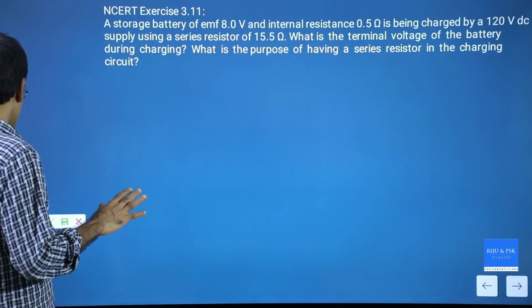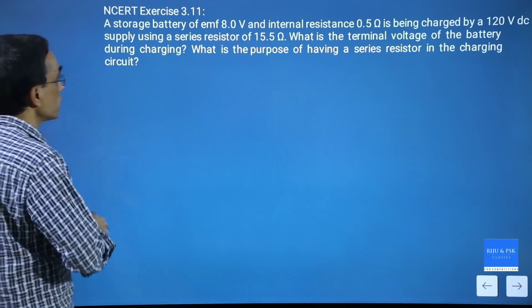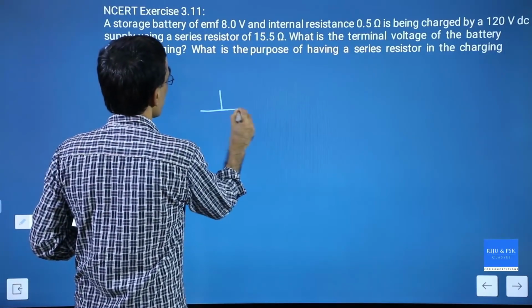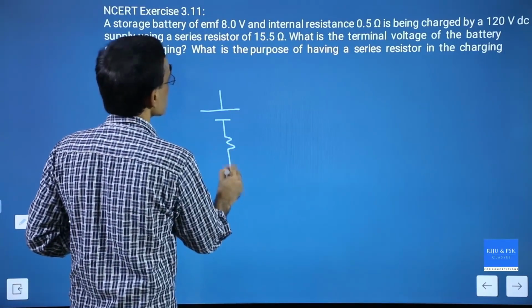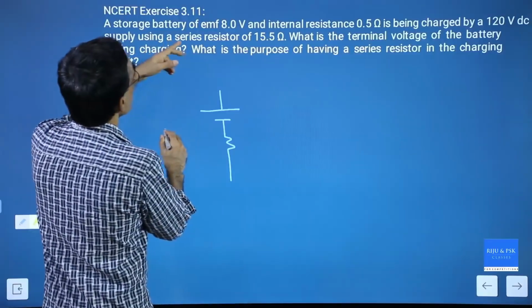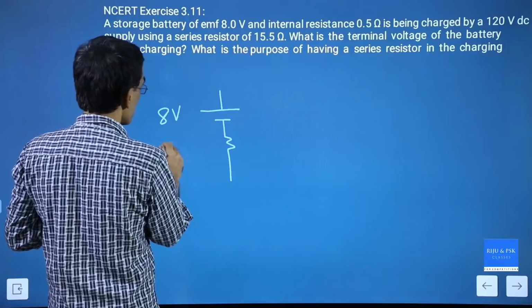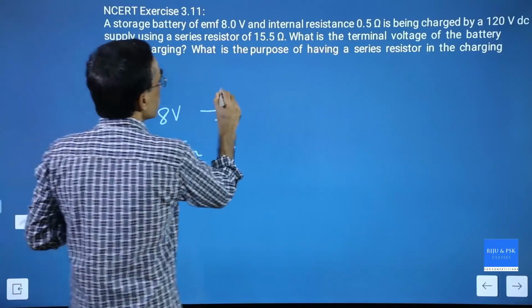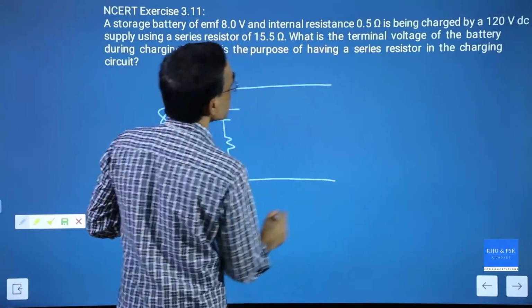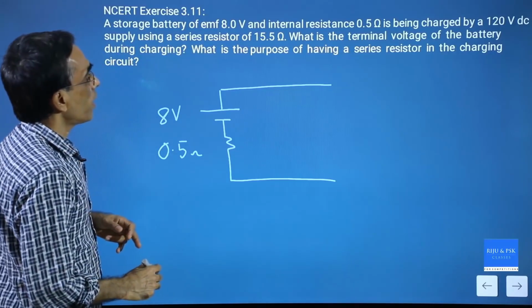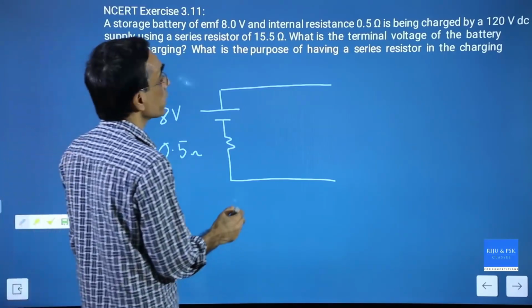Let us draw a circuit diagram for this. This is based on charging. So you have a cell to be charged, and the cell has an internal resistance. The storage battery has an EMF of 8 volt and the internal resistance is 0.5 ohm. This is charged by an external source of 120 volt DC.